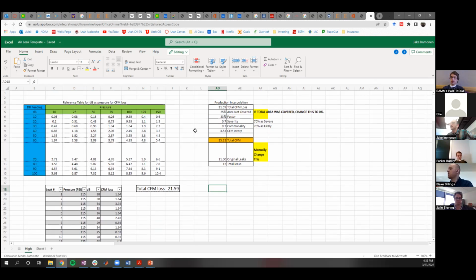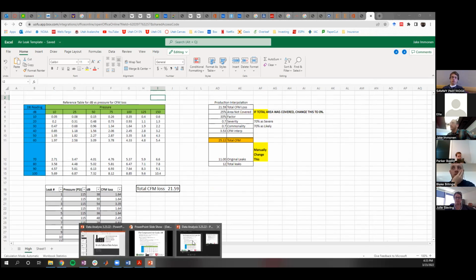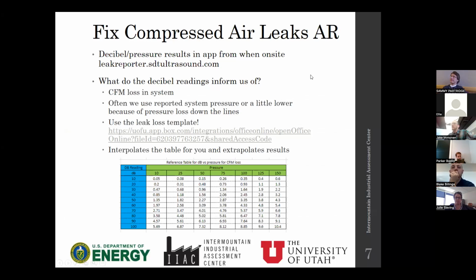Okay, so I think this template is super handy and what we should be using in our reports. I know you can also generate a report from the app that you enter all your data into. We were looking at that today, and it doesn't give you the same results as this table.